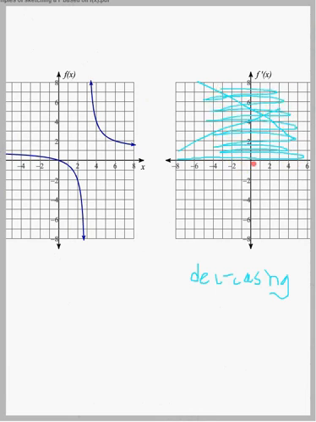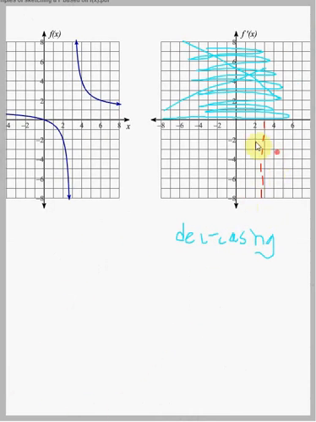Okay, so then we're going to go in here and say, okay, now what is happening? Well, we know that it has an undefined point at 3. So there's an asymptote at 3 there. So I'm going to put a little dotted line here at 3 that's supposed to go straight along that line. Okay, so now we know that on this side, so let's just look at this graph first, the slope isn't very big, right?